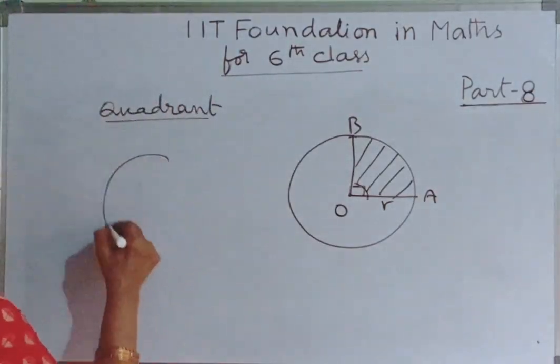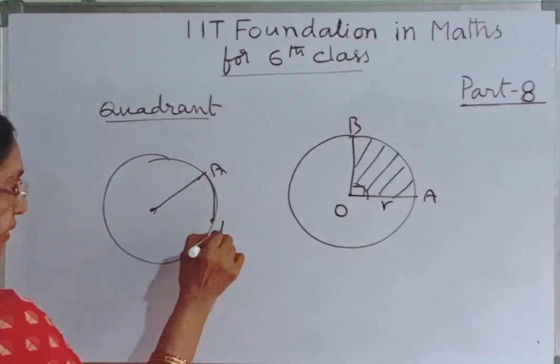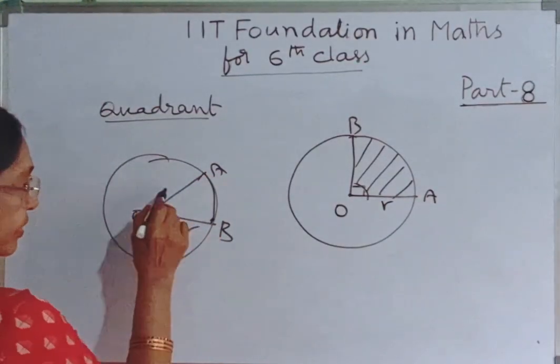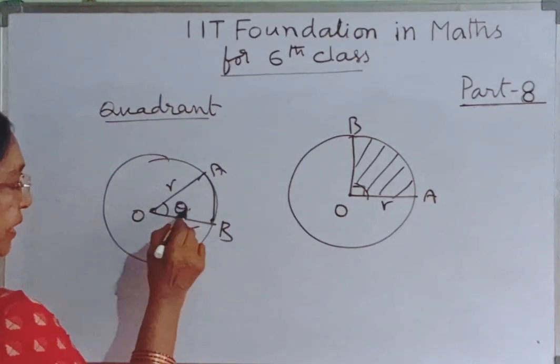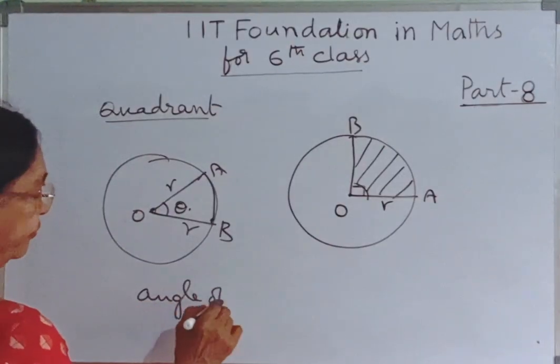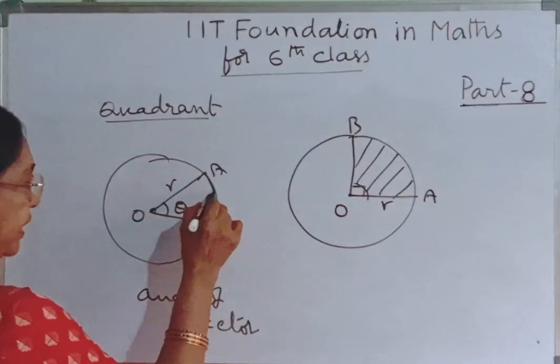Angle of sector: suppose this is a circle and this is an arc AB, O is the center of the circle, and this angle theta is called the angle of sector. This is a sector ABO.